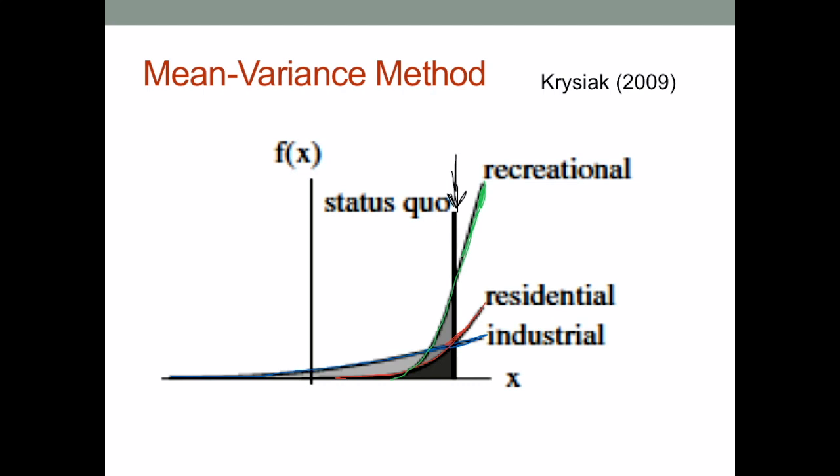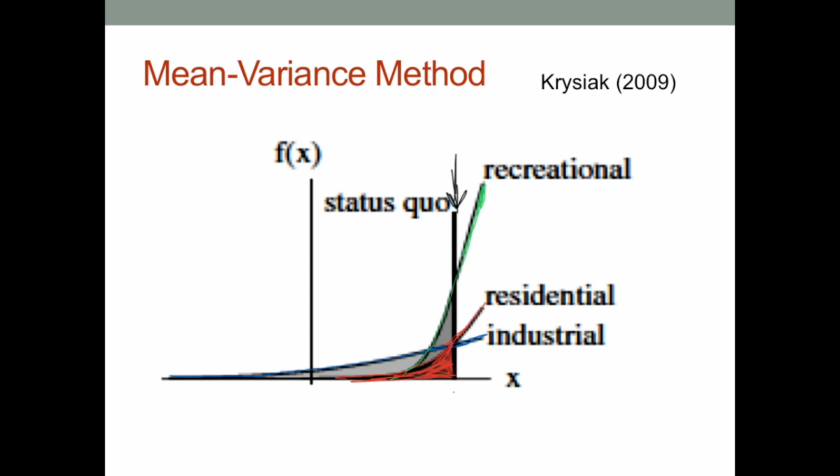So which one of these areas from status quo to the end of the tail, which one of the curves has the least amount of area? Well, it looks to me like the residential option has the least amount of area, right? That would be just this area. It's probably a smaller area than recreational, and definitely a smaller area than under the curve for industrial.